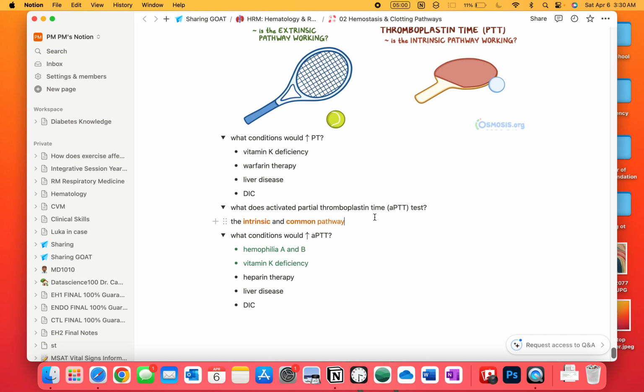And then you have your 9, 8, calcium, PL. Therefore, APTT or PTT, as it's also known, would be increased if you had hemophilia A and B. Vitamin K deficiency, kind of here as well. Remember, we had that common vitamin K factor. Heparin, liver disease for both because it's just a decrease in overall factors, and then DIC.